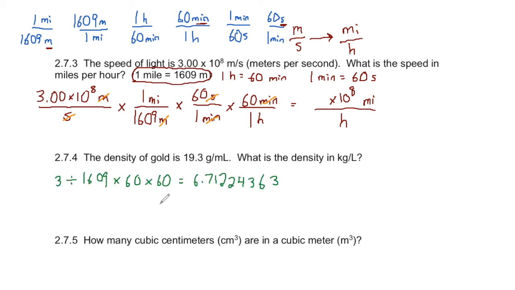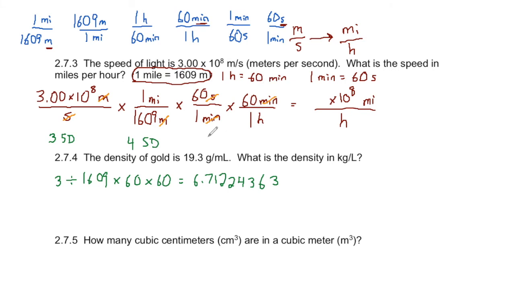When I do this in my calculator, it gives me a lot of digits. Let's go ahead and look at how many digits we have. Our measurement, we have 3 significant digits. This relationship, we have 4 significant digits. An hour being 60 minutes, let's go ahead and count this as an exact relationship because it's not 60 plus or minus 1 or plus or minus 0.1.